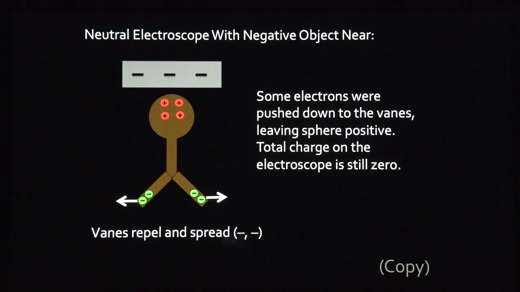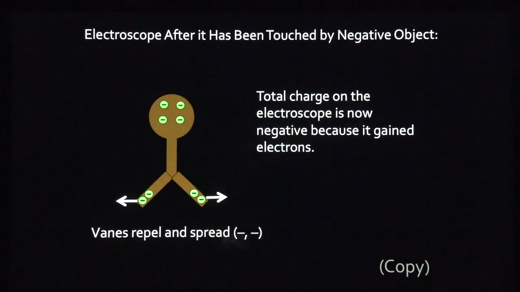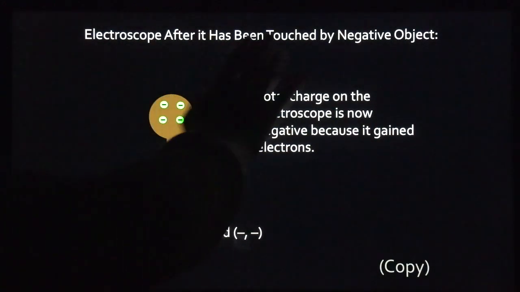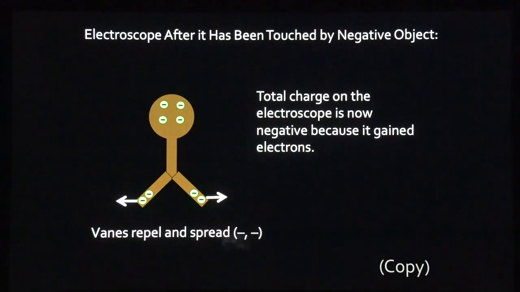Okay, so the next thing that I want to talk about is what would happen if I actually touched the charged object to the electroscope. So I'll show you first, and then I'll show you that happening with the demonstrations I recorded in the past. So this is what would happen. The electroscope, after it's been touched by a negative object, is like charging by contact.